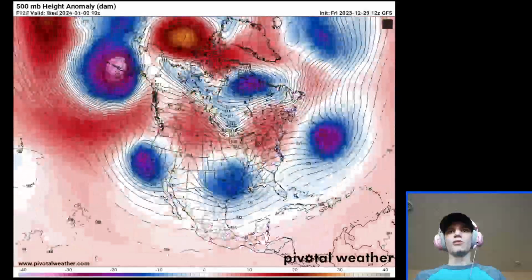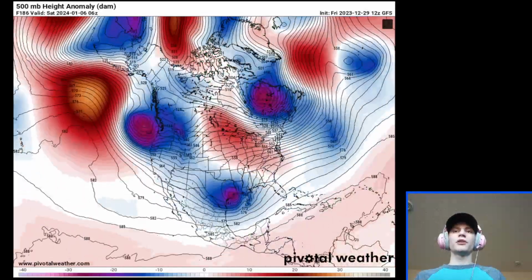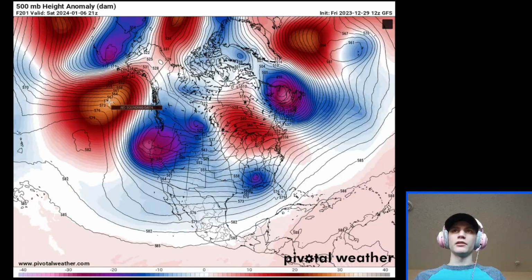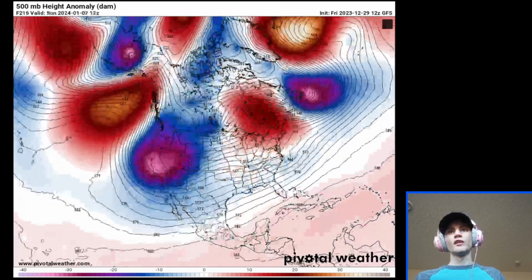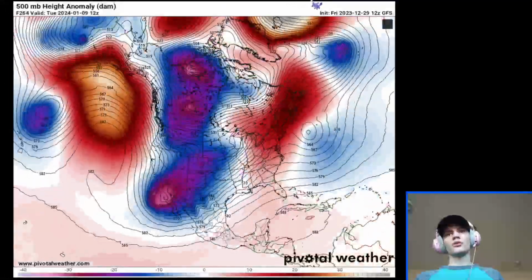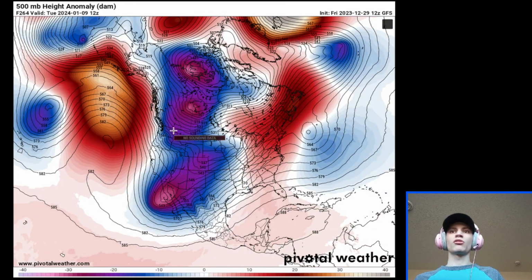And then when we go to when the PNA becomes negative, negative meaning there's high pressure over here dominating this area, it's high pressure right here, and it switched. It completely switched places. Now there's low pressure right here.